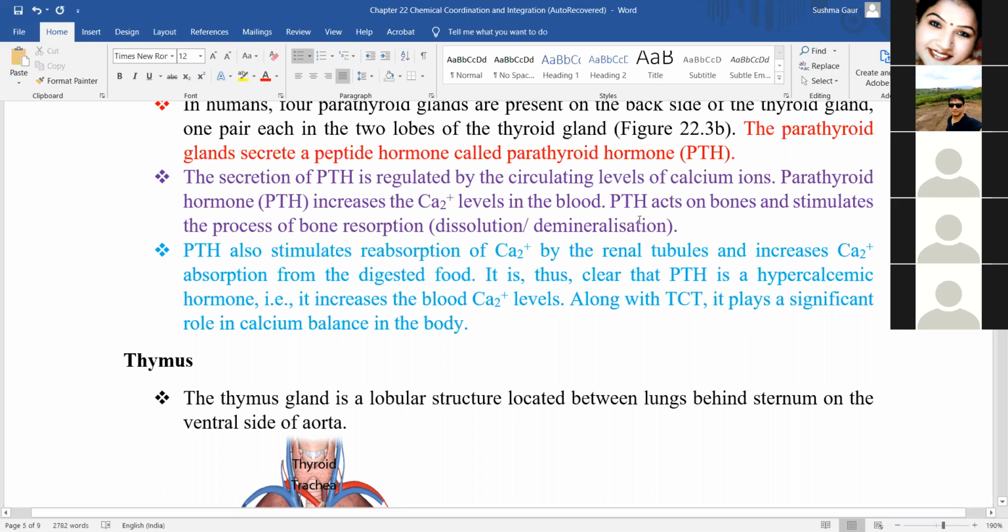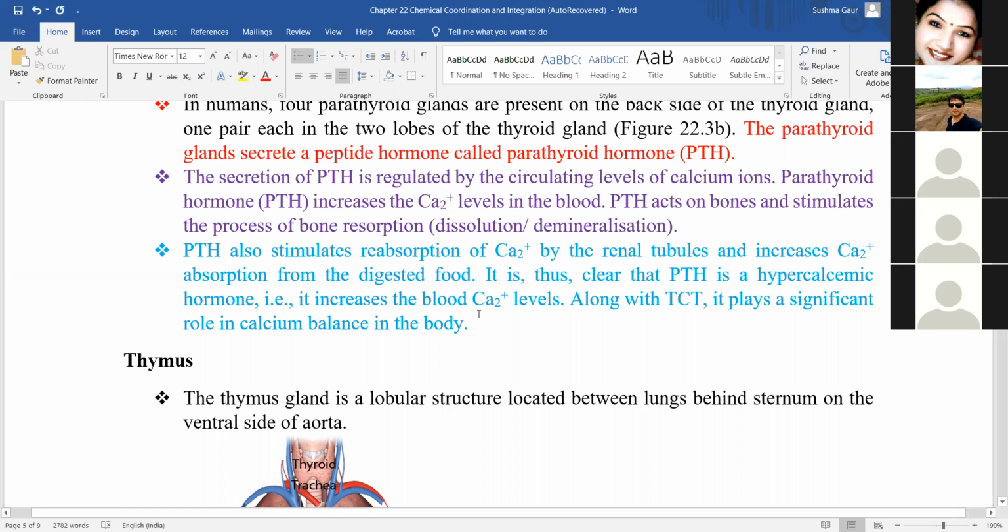This parathyroid hormone acts on bones and stimulates the process of bone reabsorption, demineralization. It also stimulates reabsorption of calcium by the renal tubules and increases calcium absorption from the digested food. It is thus clear that parathyroid hormone is a hypercalcemic hormone, that is, it increases the blood calcium levels, along with TCT.